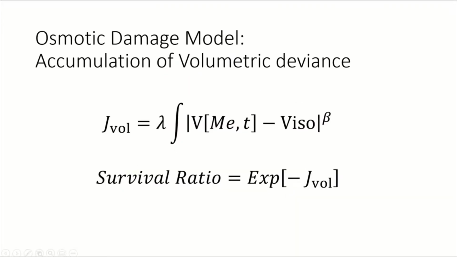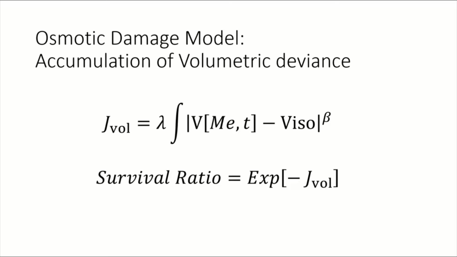We used a model based on accumulation of volumetric deviance throughout time to predict osmotic damage. I will not go into the derivation of this model, but I will try to provide an intuitive understanding of how this model works. First, J-vol is the amount of accumulated osmotic damage.